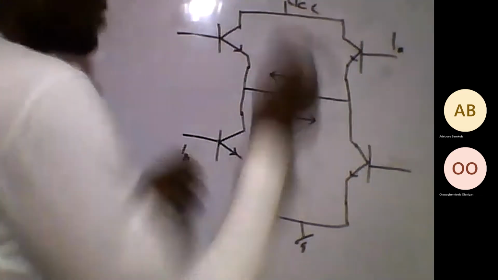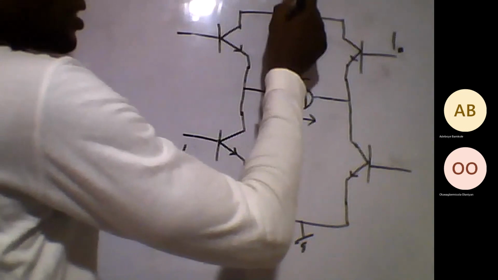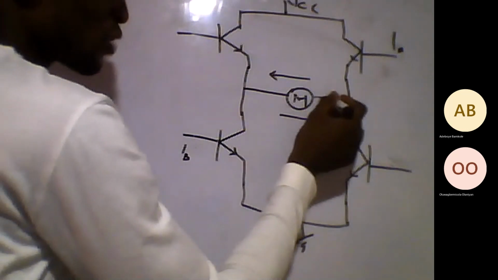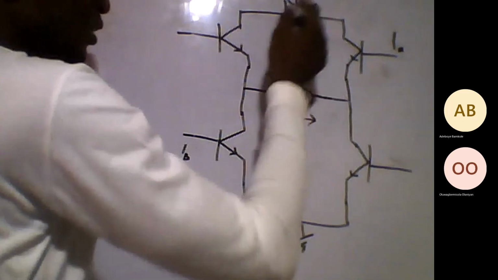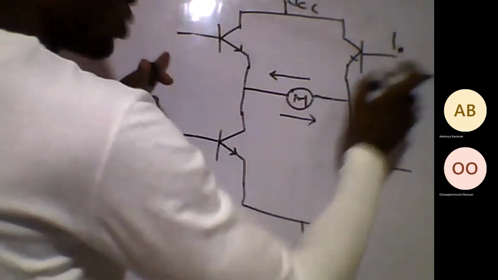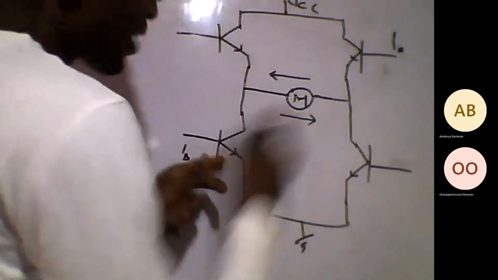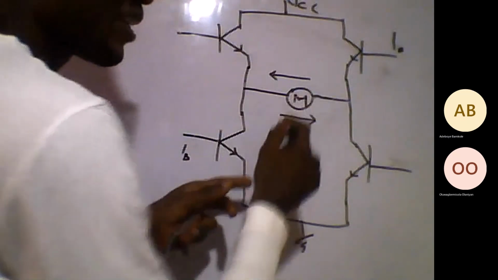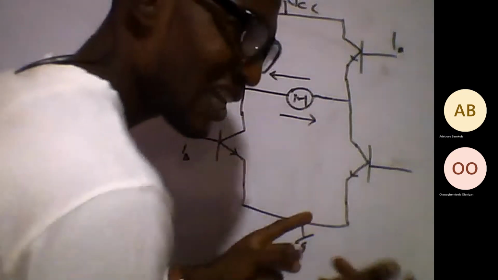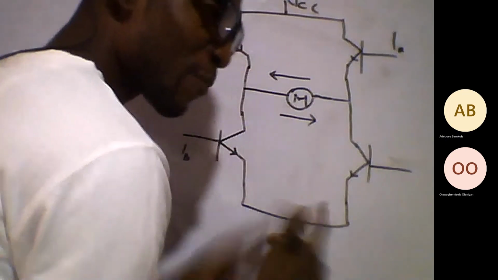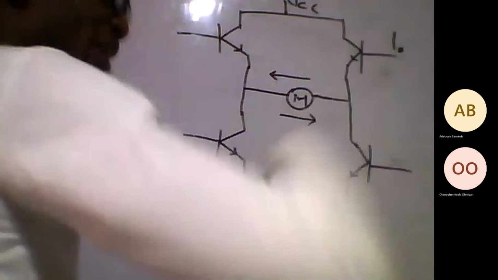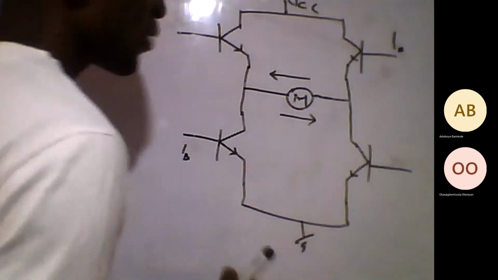You have DC, VCC and ground. But by the time you put in your transformer here and start putting control circuitry, you turn on this, turn off this, turn on this, turn off this. What happens to your transformer? It starts seeing a sinusoidal wave, AC. It goes this way, changes direction, and we set it that way.